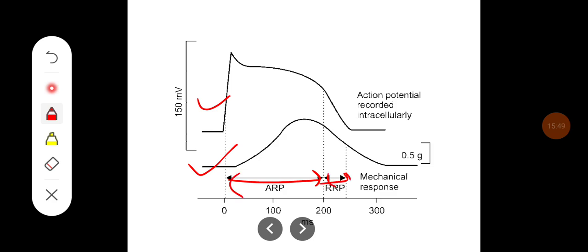In the absolute refractory period, a second stimulus will not be able to produce any response, whereas during the relative refractory period, an increased strength of stimulus sometimes can evoke an action potential.